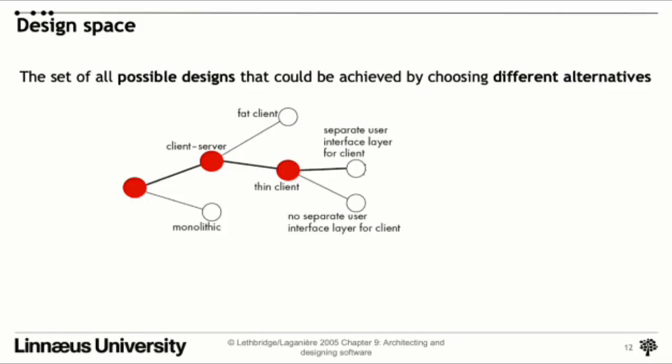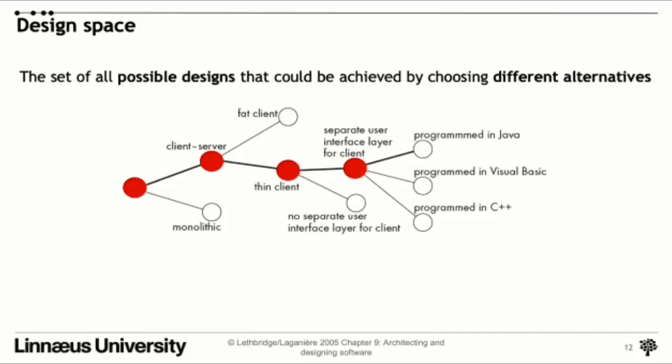Should we have a separate user interface or no separate user interface? Then we pick a new one, and then finally the last choice. Should we go for Java, Visual Basic, C++, or maybe Python or whatever? And here we talk about the technology, and we have to choose the right technology according to the requirements for our software.